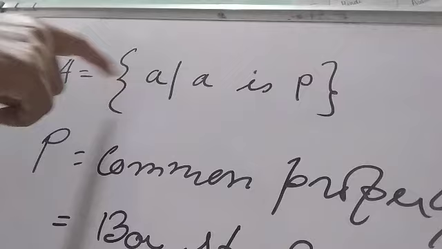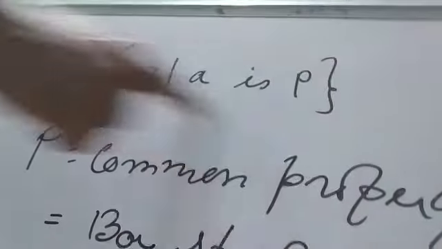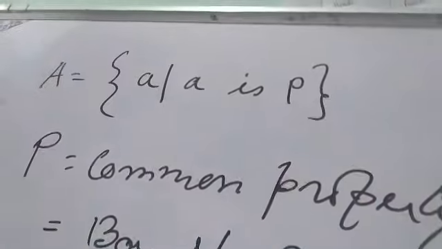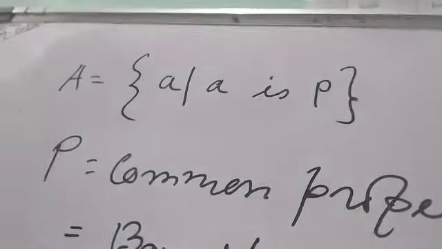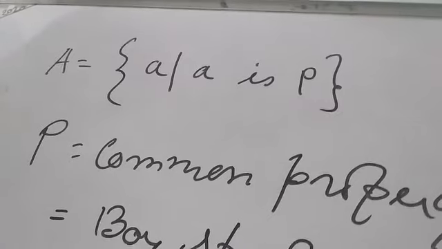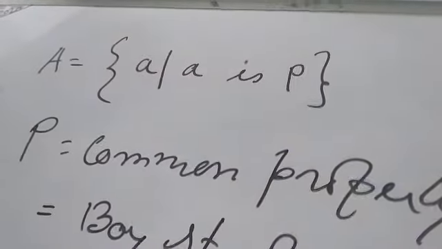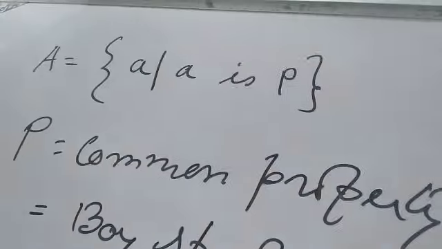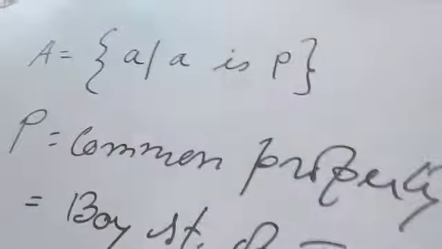So what we have written, we have used a notation like this. This is read out as A is a set of all elements of type a, such that a, small a, has the property of P. P is the boy student of Tezpur College.